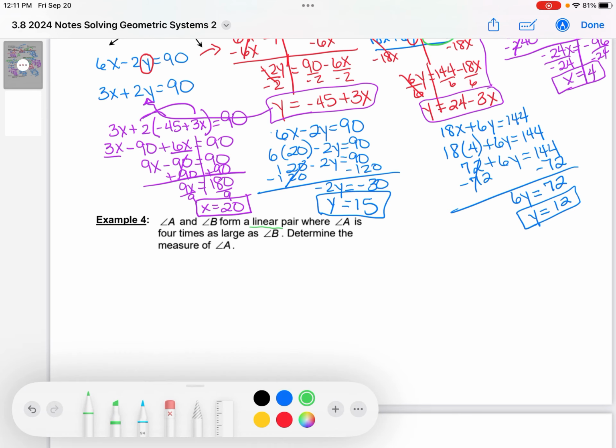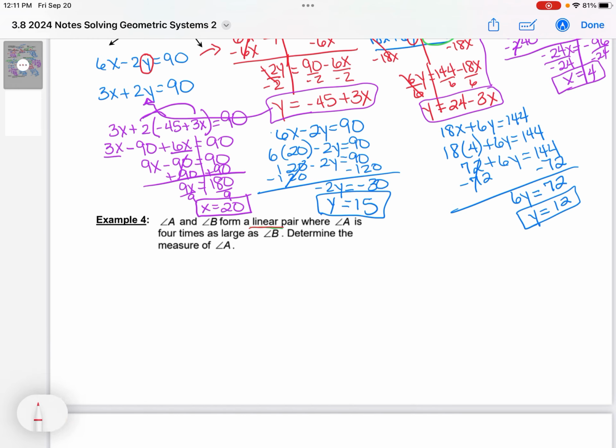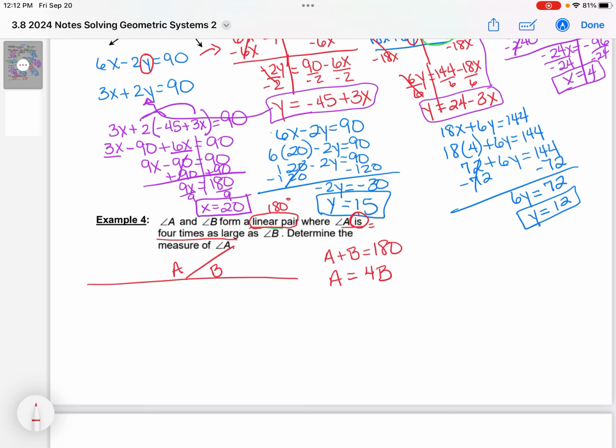All right, so here we are with a linear pair, which means 180. So A is 4 times as large as B, so that means A is going to be big and B is going to be small. So A plus B equals 180. Remember, is my equal sign, so I have A equals 4 times B. 4 times as large, so I'm multiplying B times 4.